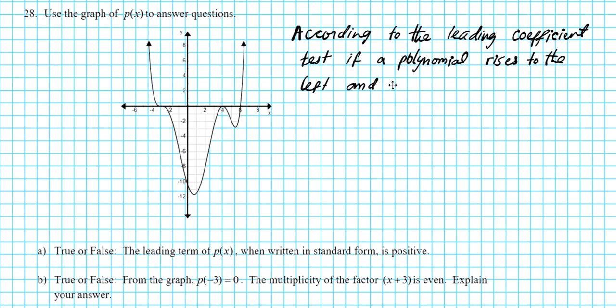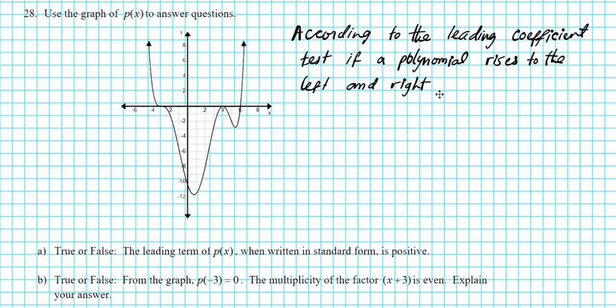what can we conclude about the sign of A and the symmetry of the degree of the polynomial? If it rises to the left and the right, we automatically know that A is going to be positive and the degree will be even.